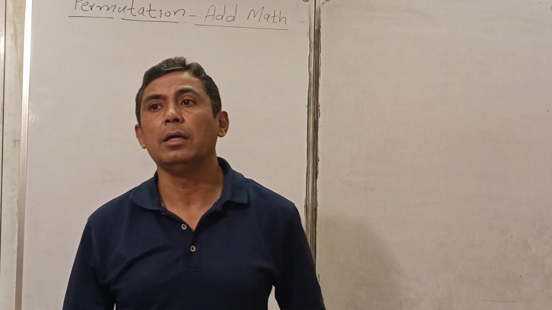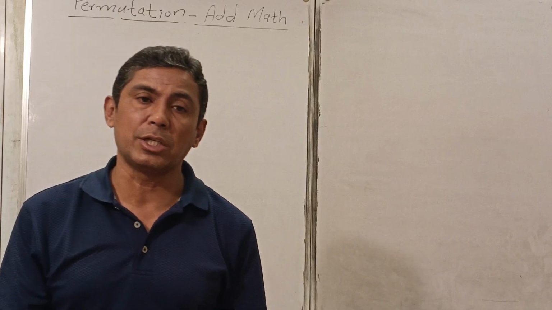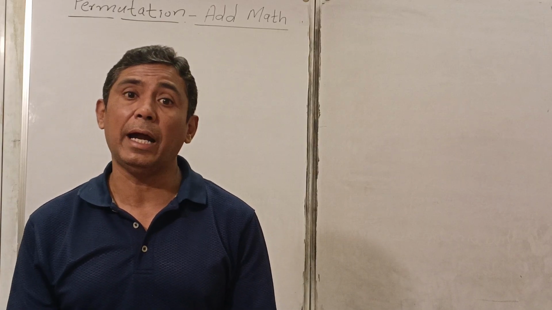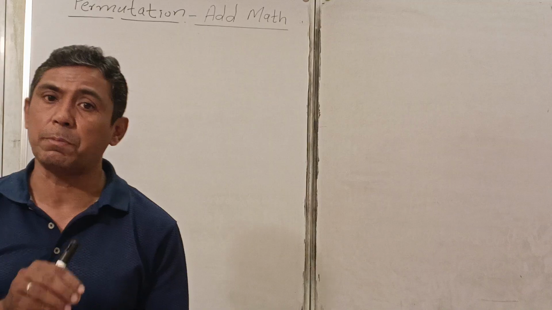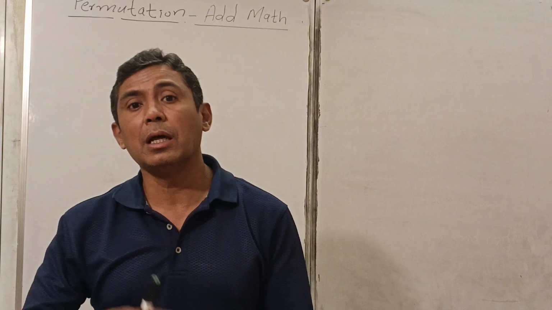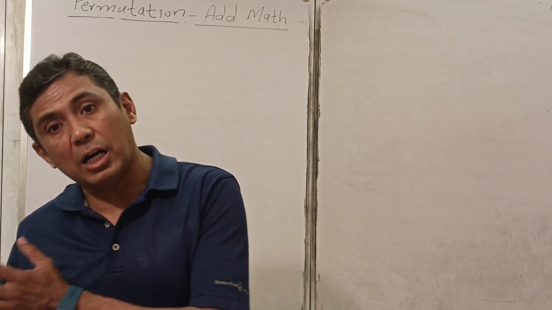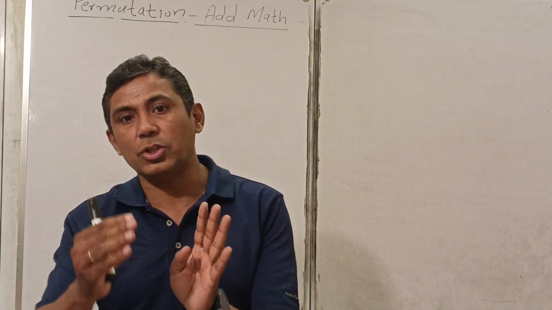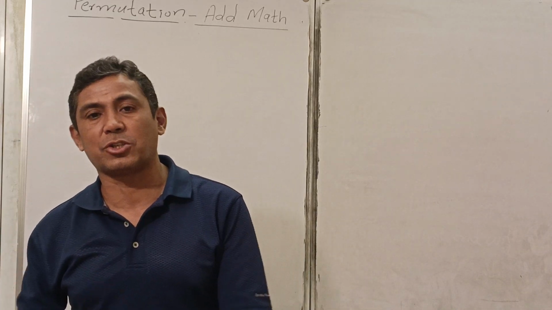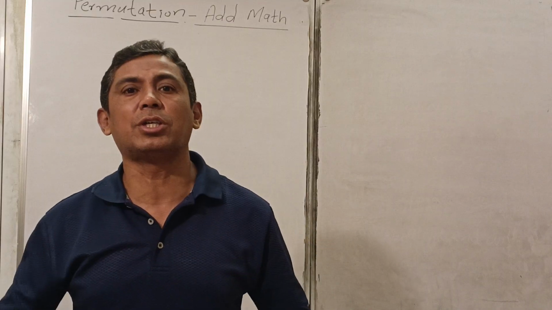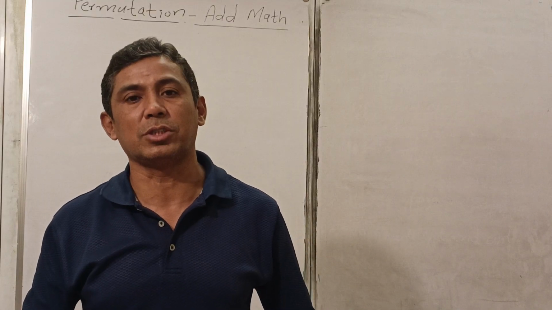There is another possible restriction that a letter should be at the first place, or the character should be at the last place. You got my points? These are the possible kinds of restrictions. There are no questions except these kinds of questions.